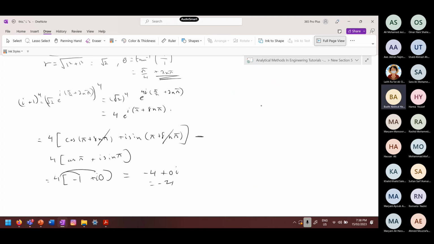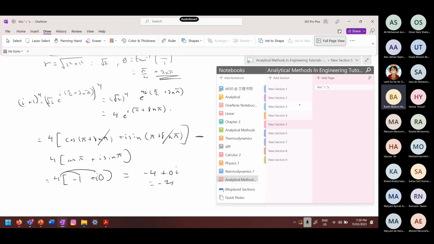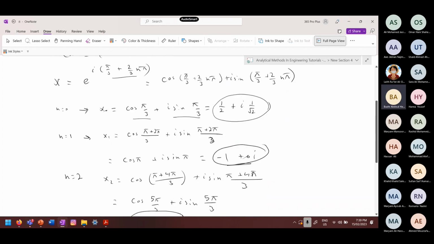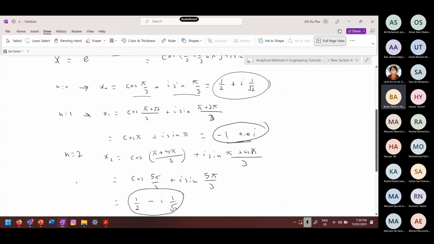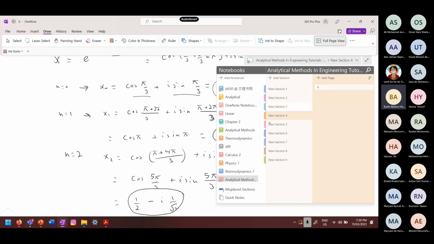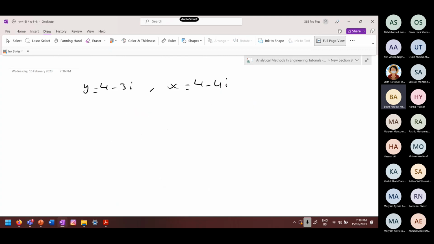But if you have anything but an even number next to the n pi, you need to keep it and solve it using this method, with n0, n1, n2, n3, till you finally reach the point that you're just having the same numbers again. Do you understand? Yes. I don't think so.